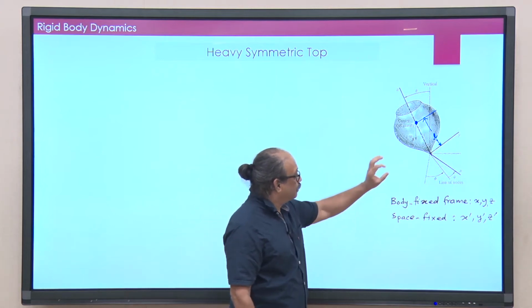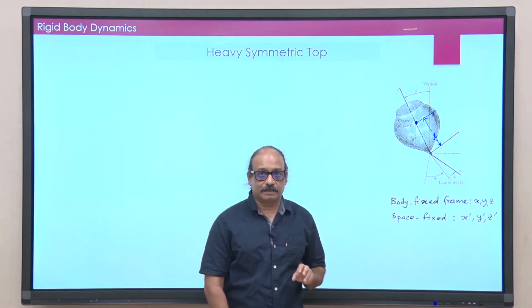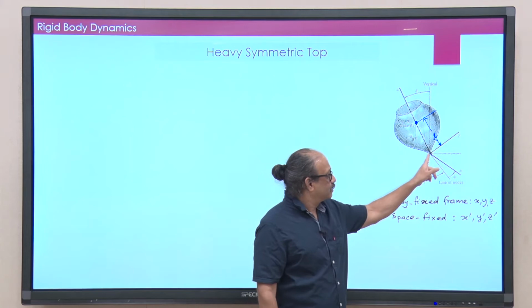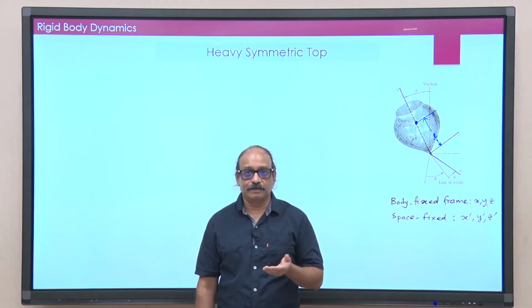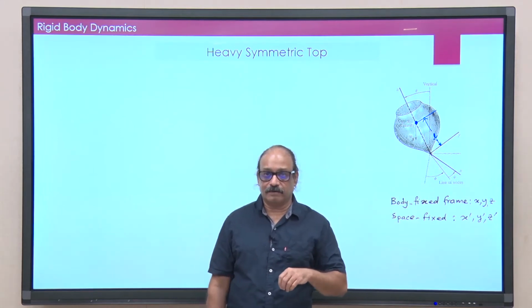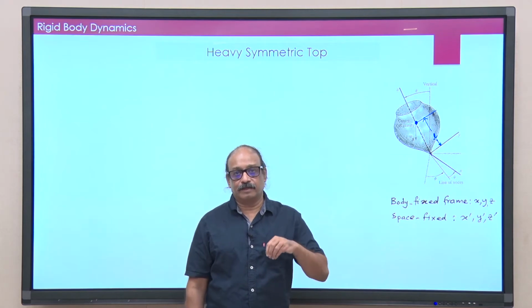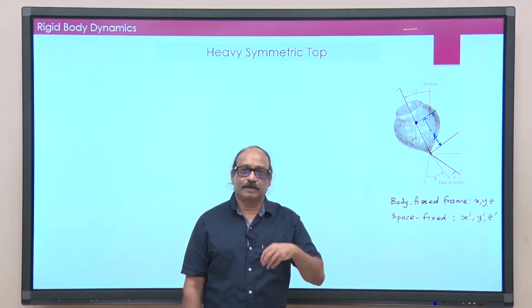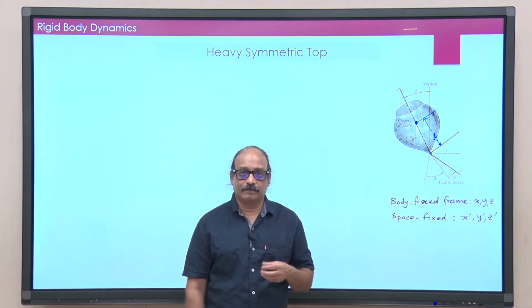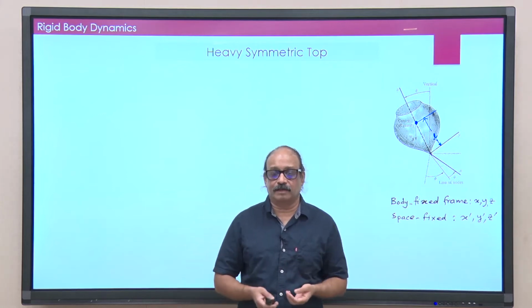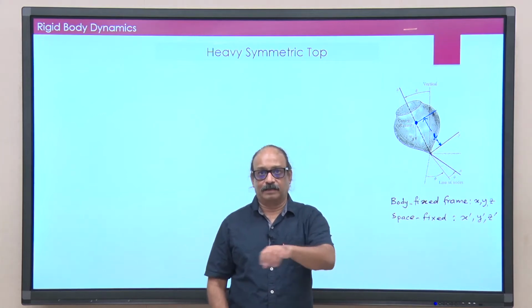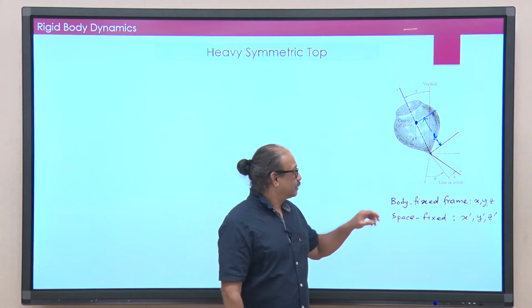Typically, when this top is set spinning, you have a point of contact with the ground, and in this calculation we will assume that the point of contact is fixed. Of course, you can easily do this in the laboratory, even though when you actually play on the ground, the contact point dances around on the floor, but that is fine.